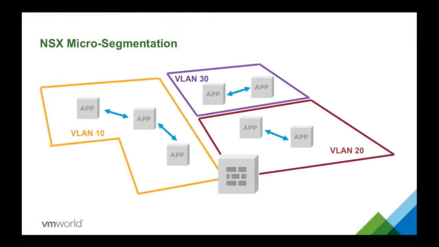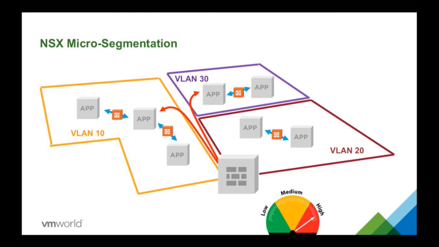And this is what NSX micro-segmentation is, right? We enforce the security policies at the level of each individual virtual machine. So we can protect even inside the VLAN or between the VLANs. And I can also, for example, reduce the amount of traffic that is handled by my perimeter firewall.